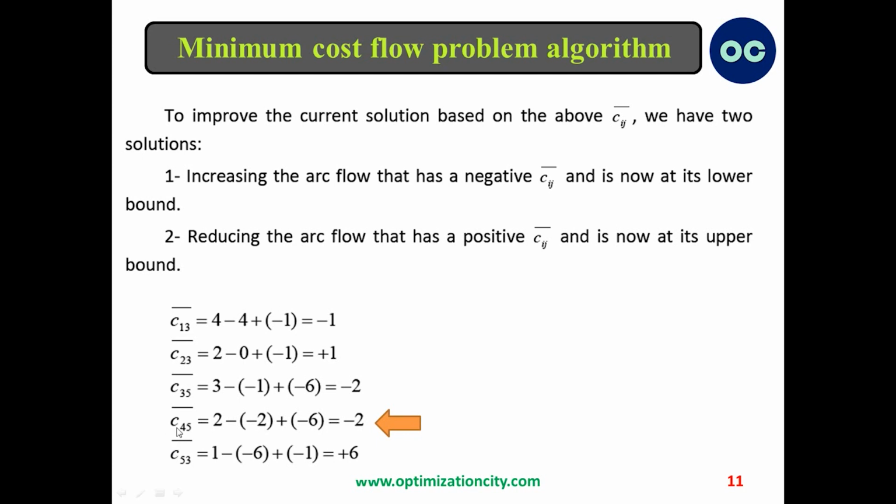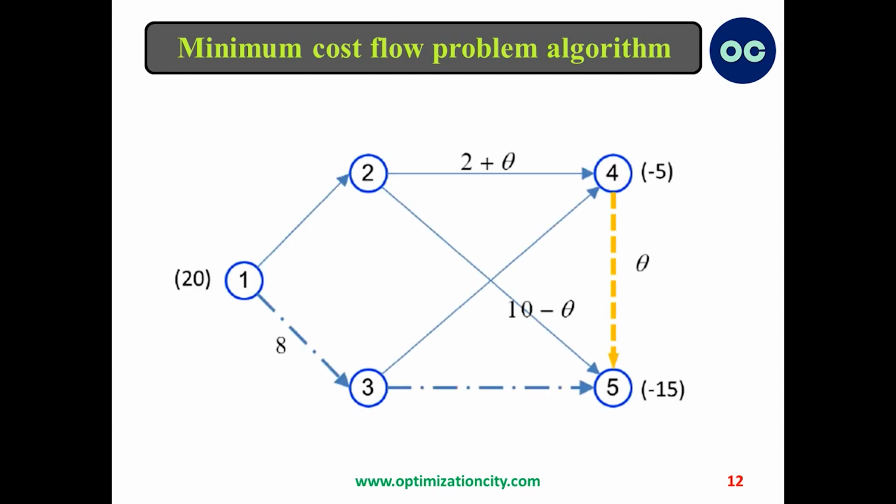In the following diagram, we add arc 4, 5 to the network to determine which arc should be removed from the current basic solution. The effect on the flow of adding arc 4, 5 with the flow of theta to the initial feasible basic solution, that is the basic feasible spanning tree, is shown here.